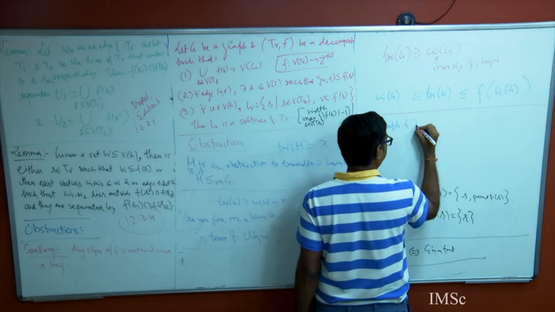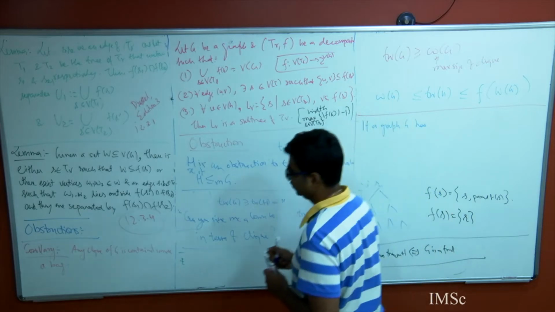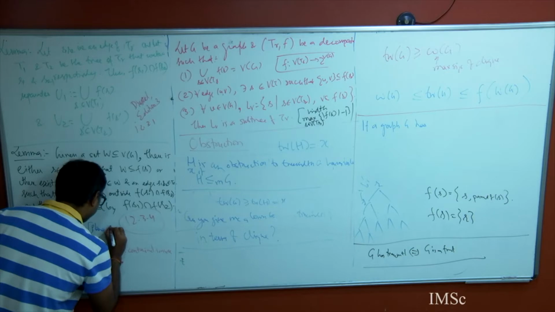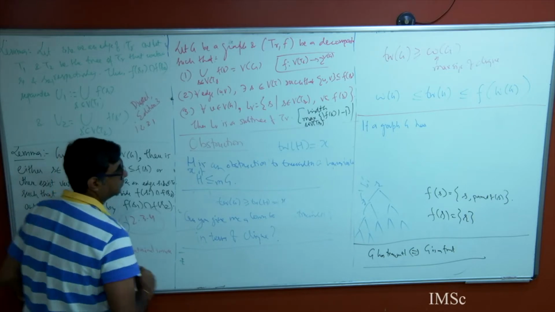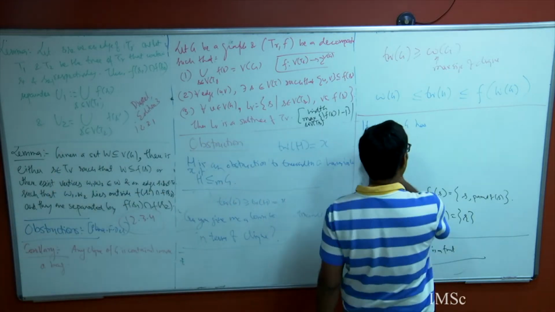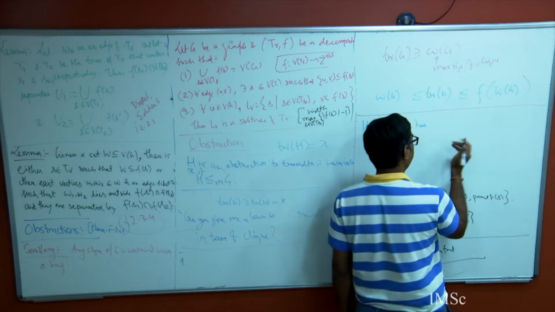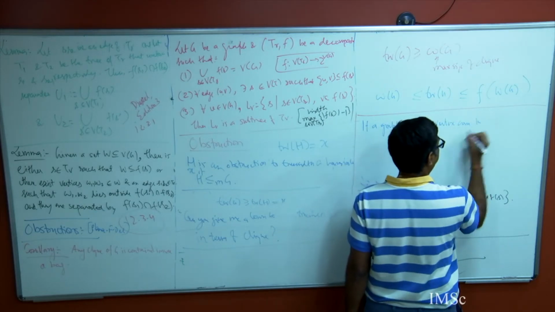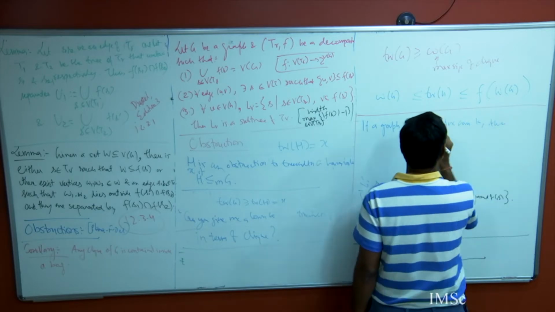If a graph G has vertex cover K, then tree width of G is at most K plus 1.